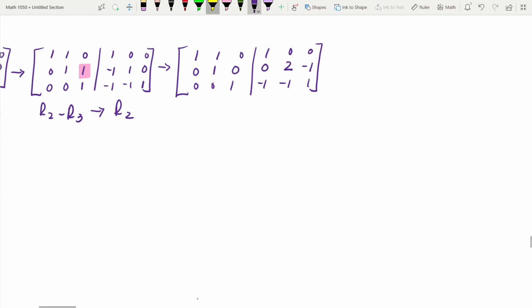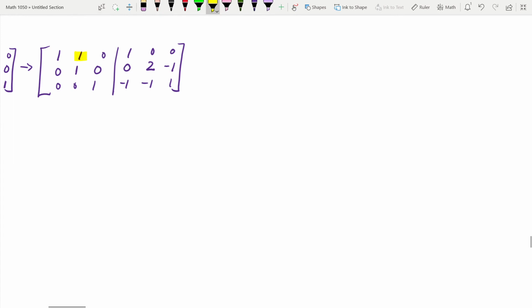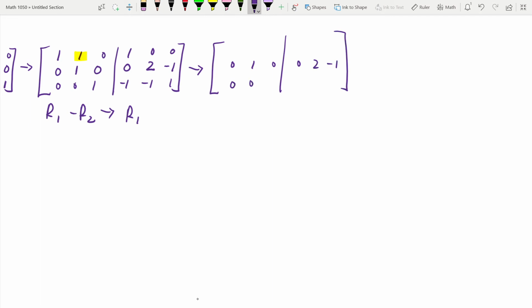The last thing I need is a 0 here. I could do row 1 minus row 2 or row 2 minus row 1. Row 1 minus row 2 is better. It becomes my new row 1. Row 2 doesn't change. Row 3 doesn't change.